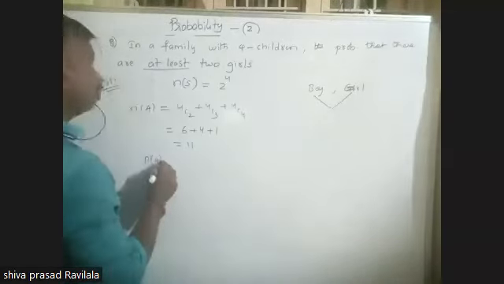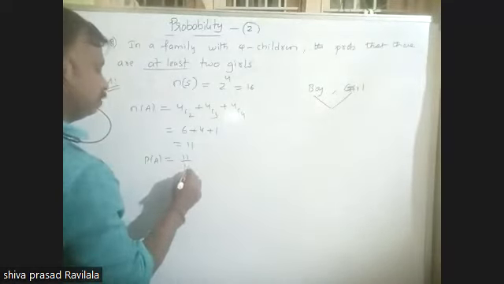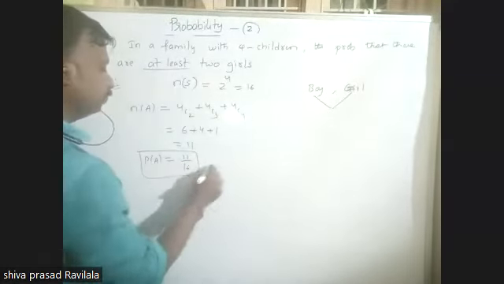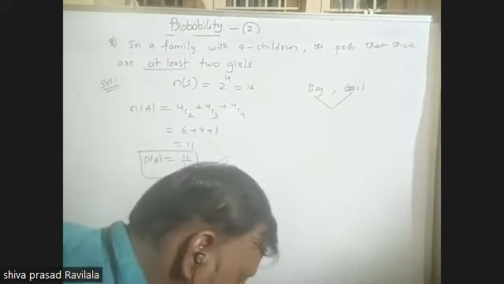Therefore, P of A is equal to 11 by 2 power 4, that is 11 by 16. That is your answer.